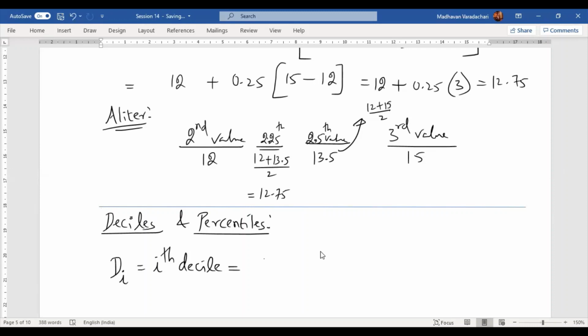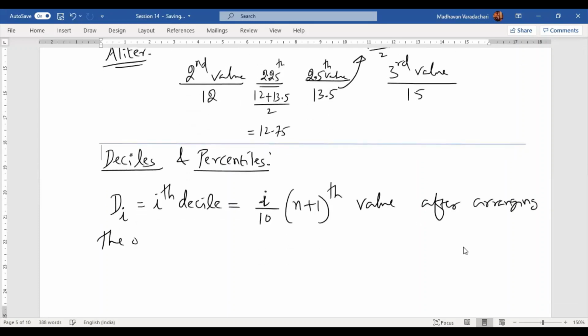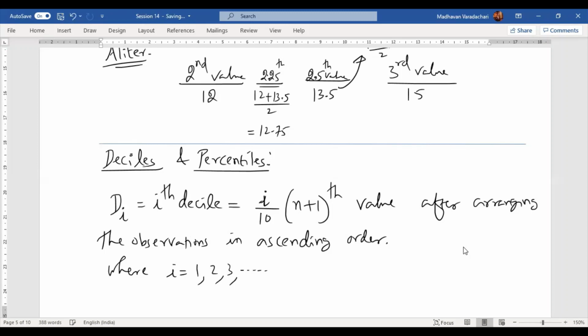It is i by 10 times (n plus 1)th value after arranging the observations in ascending order, where this i will range from 1, 2, 3 up to 9.